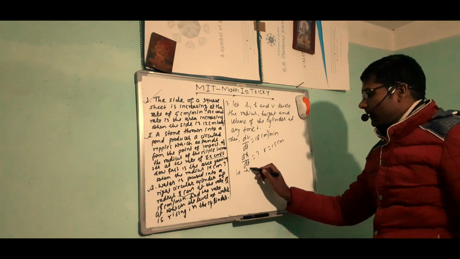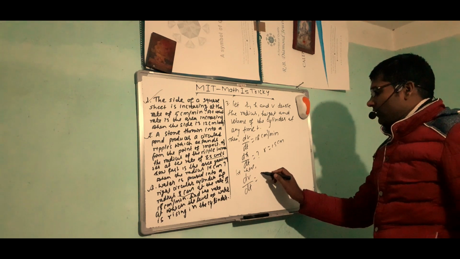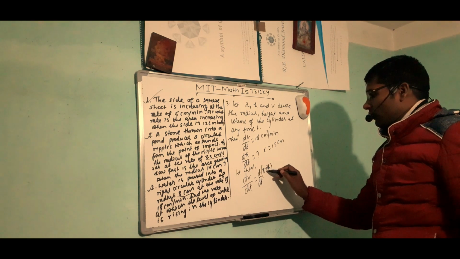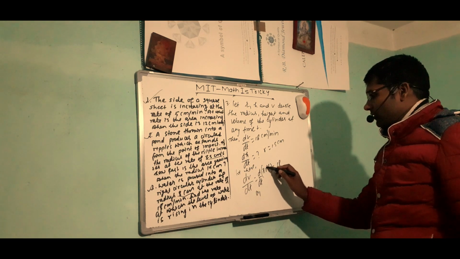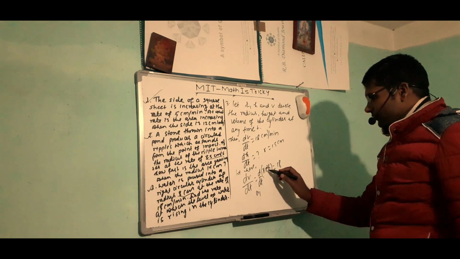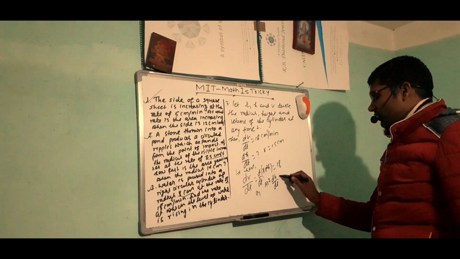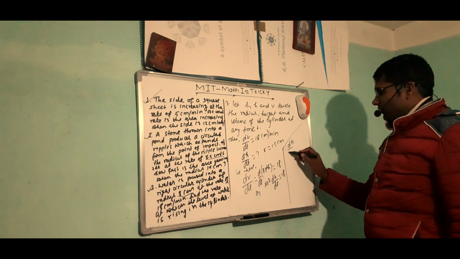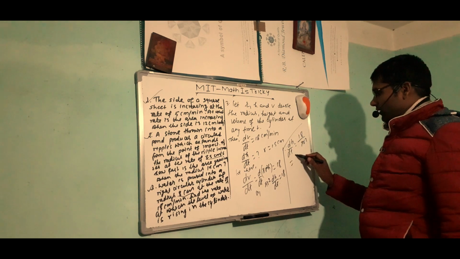We have here dv by dt equals d by dt of pi r square h, and that is given to be 18. So let's differentiate this. Here pi r square will be treated as constant and dh by dt, so we'll get dh by dt equals simply 18 by pi r square.